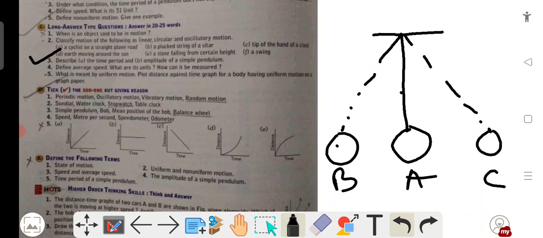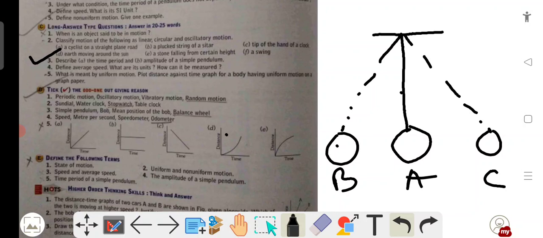So the time period is the time taken by the bob of a pendulum to complete one oscillation.